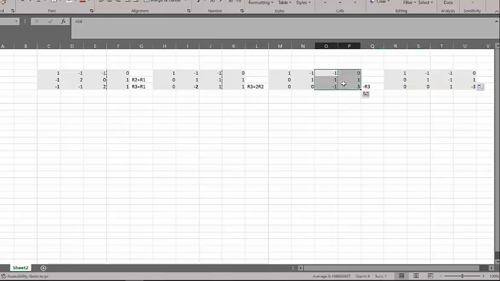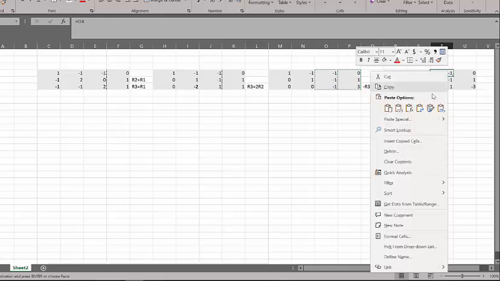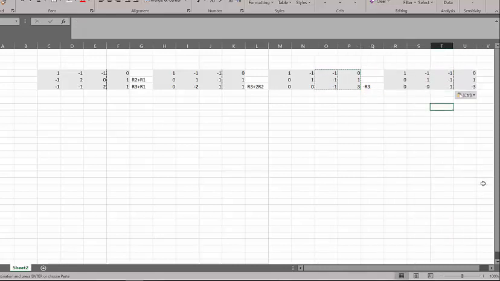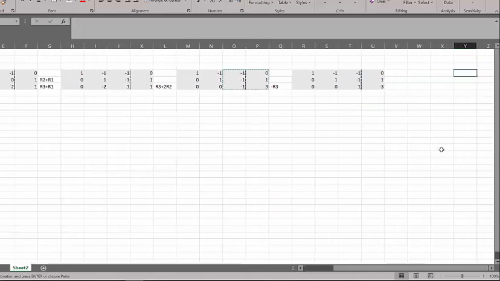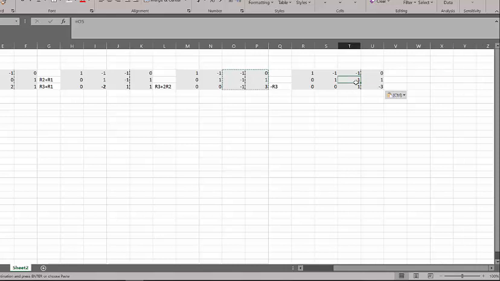And let's get that line format, or that augment line, back in. Okay, there we go. Now we want to get rid of these 2 elements right there.